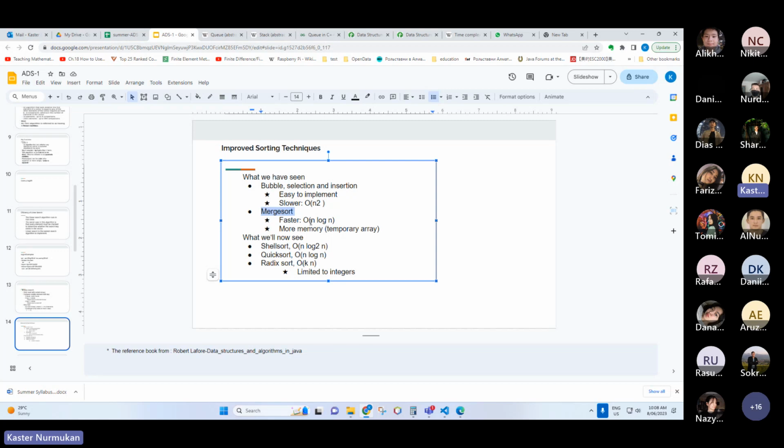Merge sort is n log n, and on average quick sort is also n log n, but in the same application, quick sort is faster than merge sort. That's the reason. But you have to avoid the worst case in quick sort. So yeah, right.